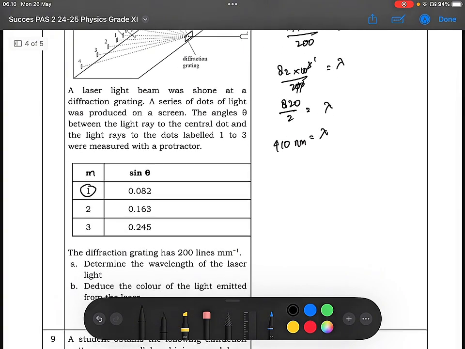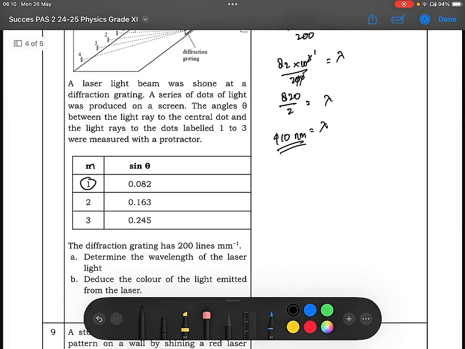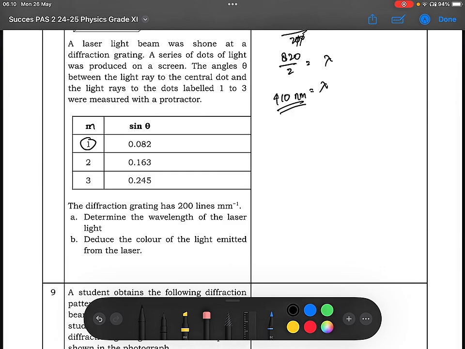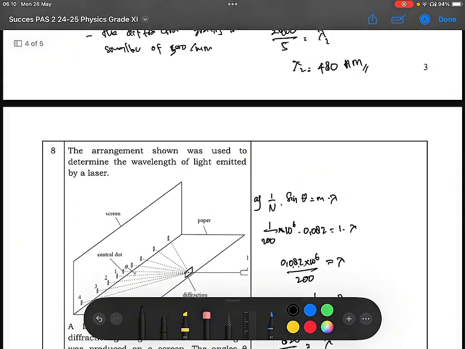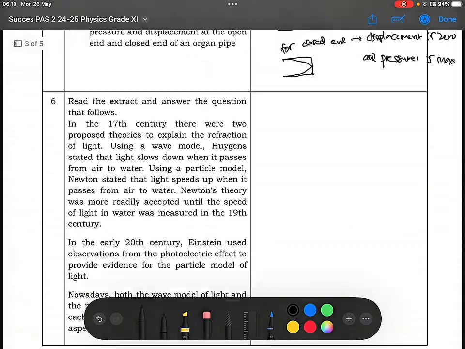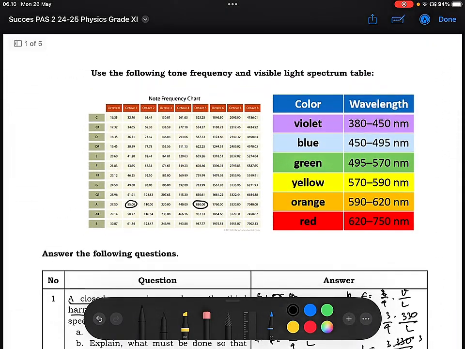This is the color of the light emitted from the laser. For B, you can find that lambda is 410 nanometer in the data on the first page.